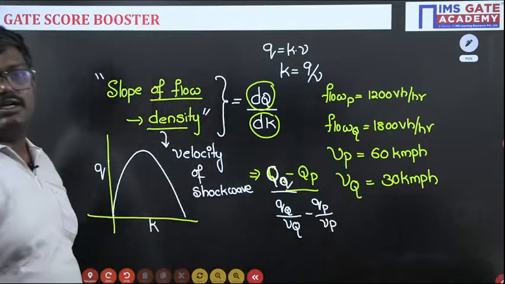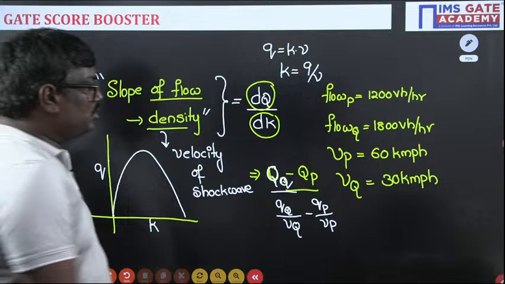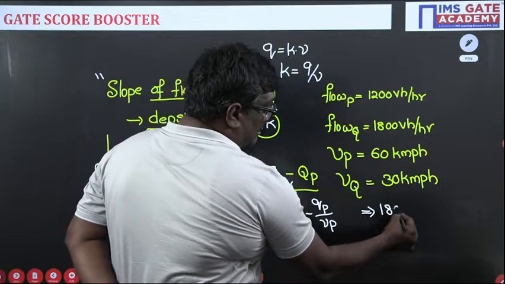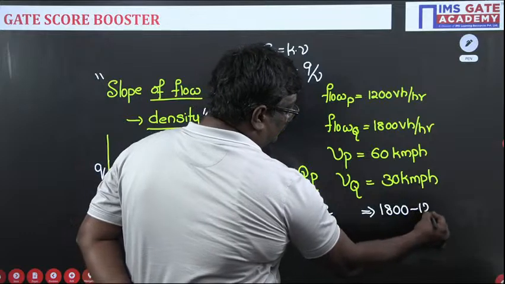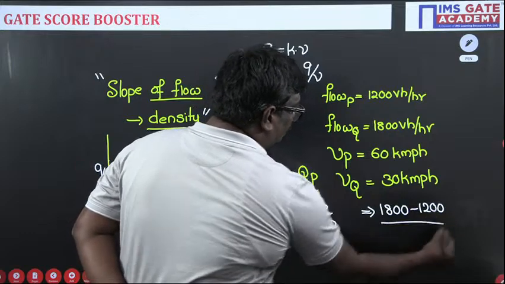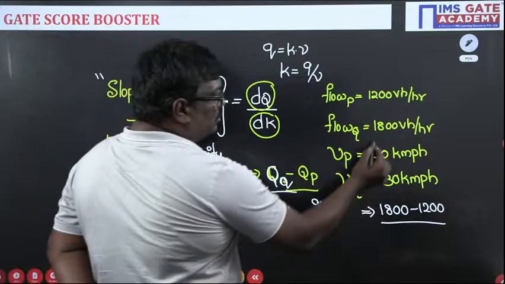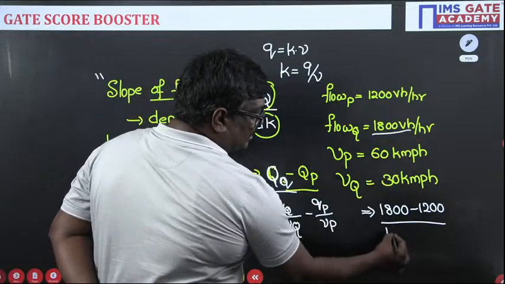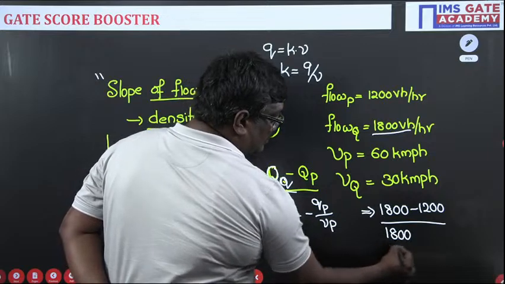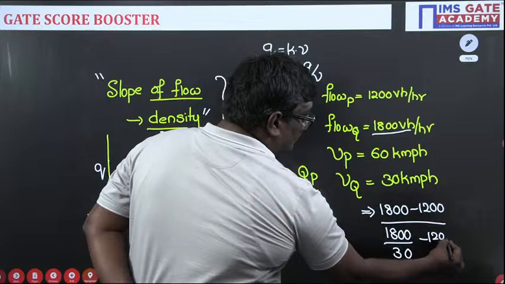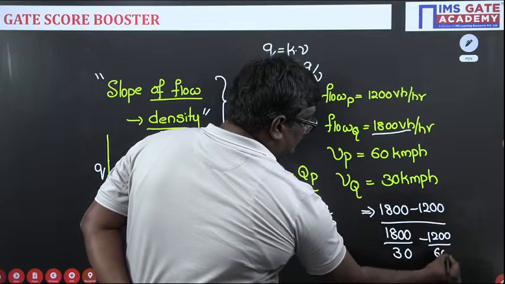See students, here the flow difference is 1800 minus 1200. Now what we have? The flow is 1800 divided by 30 minus 1200 divided by 60.